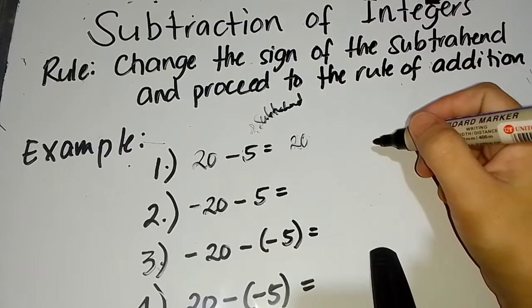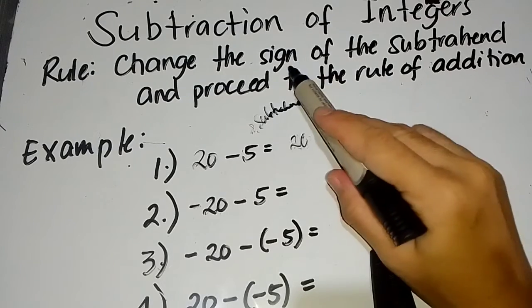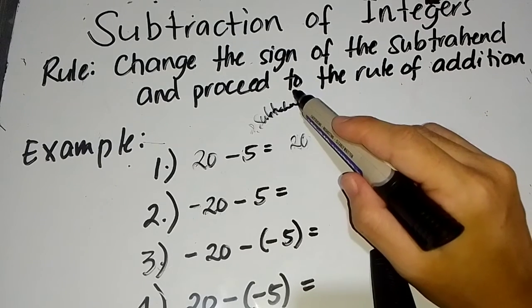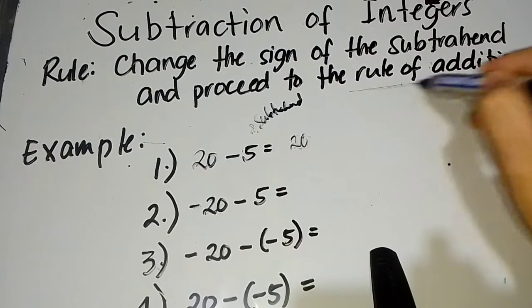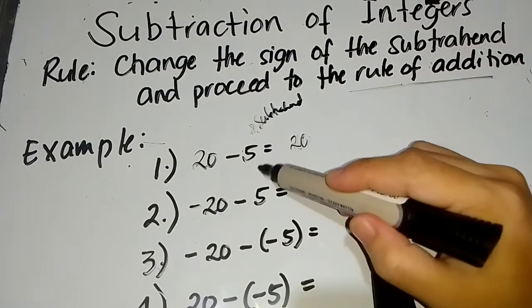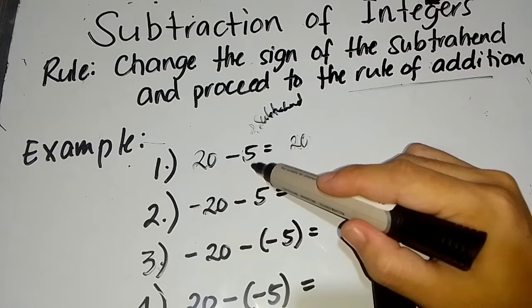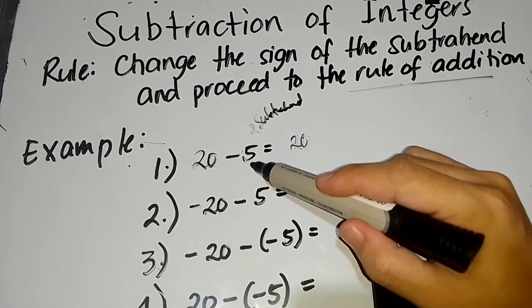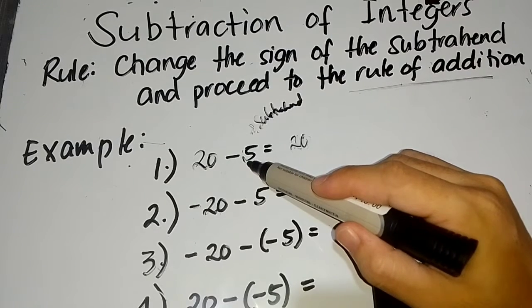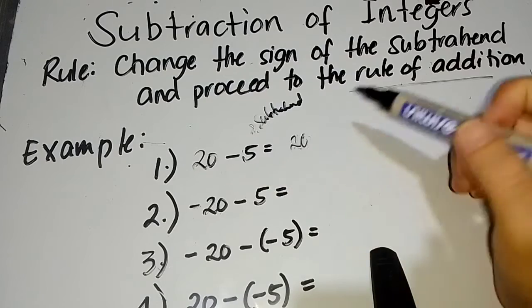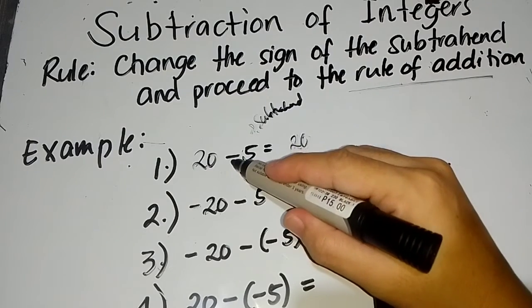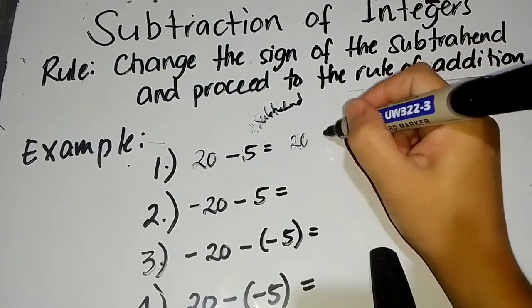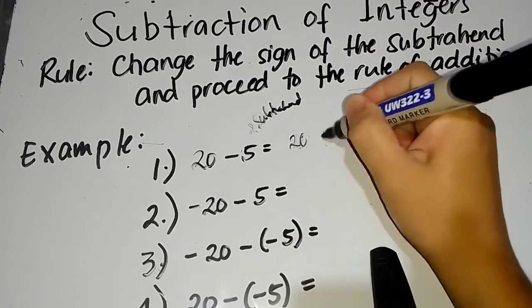Then, change the sign of the subtrahend and proceed to the rule of addition. So, therefore, we are going to change the sign of our subtrahend, which is positive 5. Instead of subtraction, we are going to add.